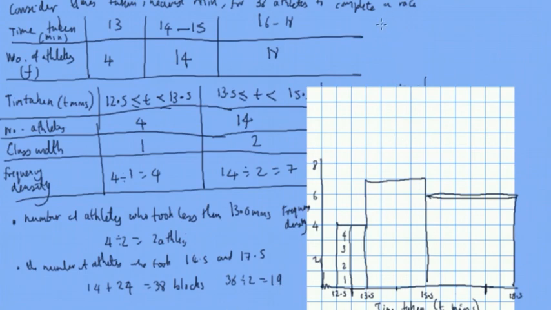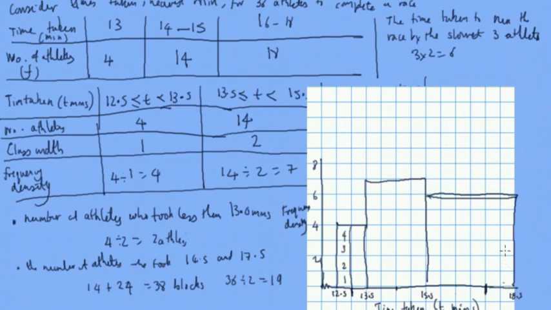And finally we want to know the time taken to run the race by the slowest 3 athletes. So the slowest 3 athletes are represented by 6 blocks, since 3 times 2 equals 6, to the right of the 18 block.